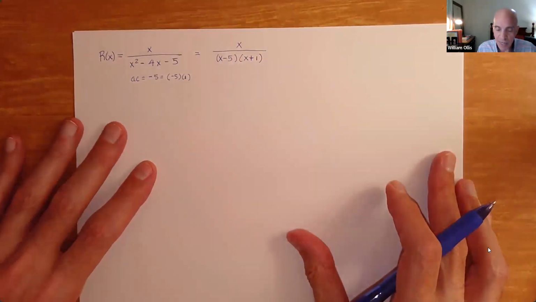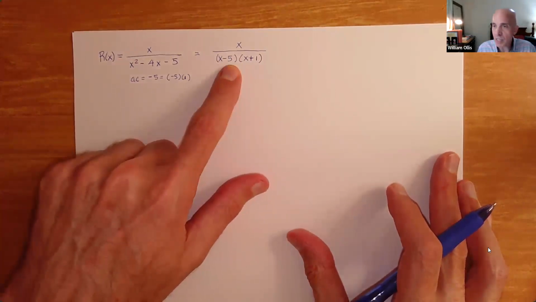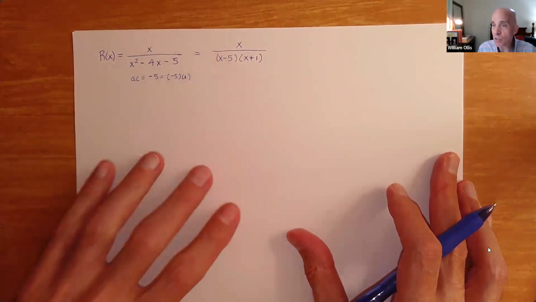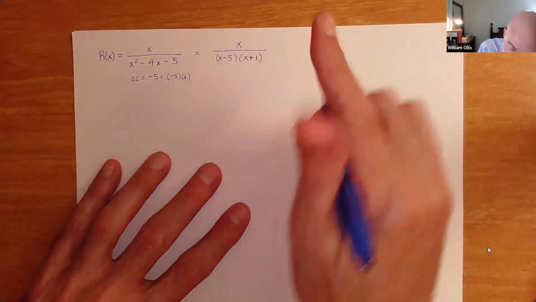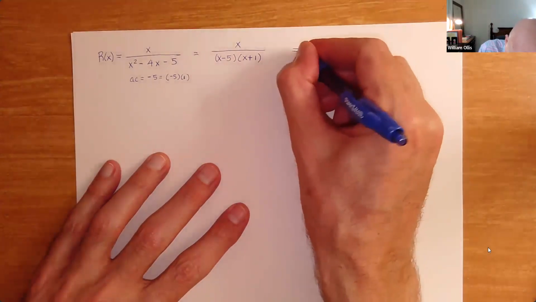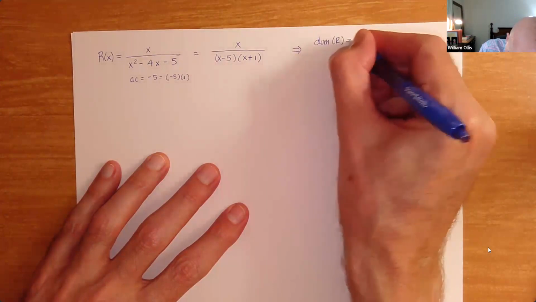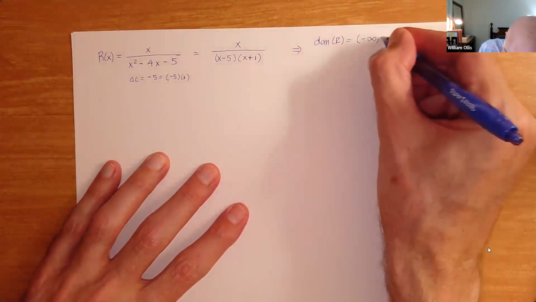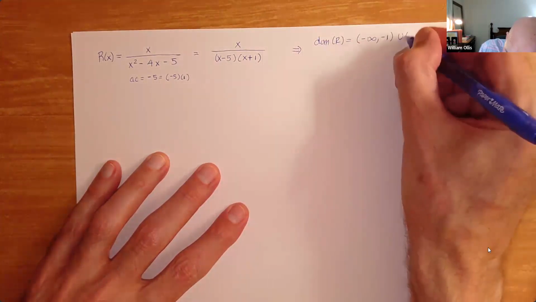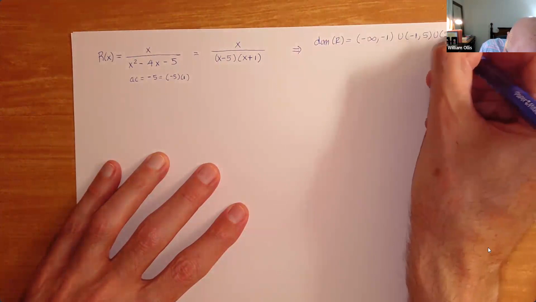So that gives us a rendering that now says we have two zeros in the denominator that are not zeros in the numerator, namely -1 and 5. So this implies we have a domain of R, which in this case is -infinity to -1, union -1 to 5, union 5 to infinity.